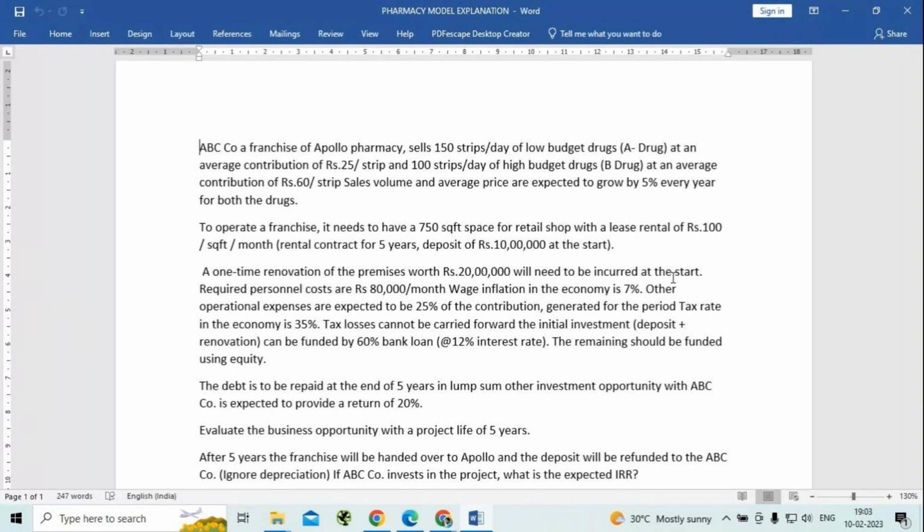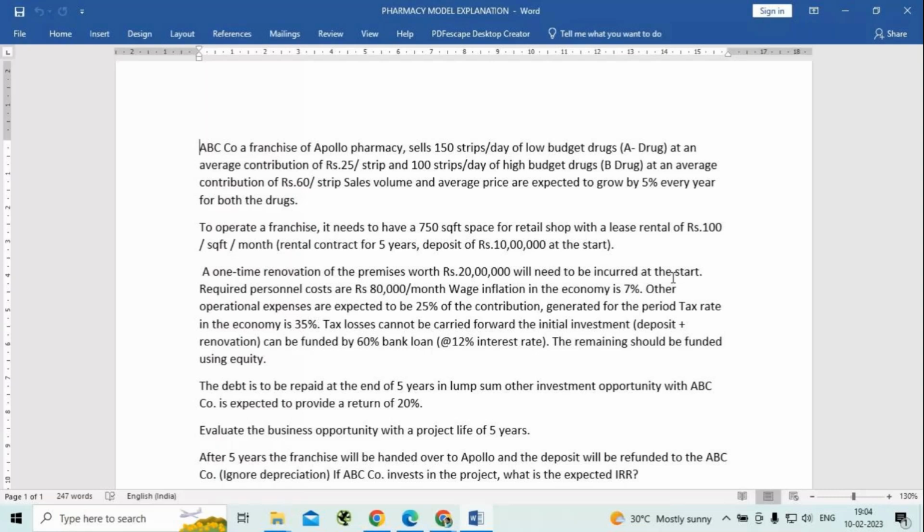Here it has been taken as an assumption that if there is a minimum sale of 150 of this particular type of drug, you are going to earn 25 rupees per strip. And in the case of type B drug, the minimum sale is 100 strips per day, and 60 rupees of commission can be expected.